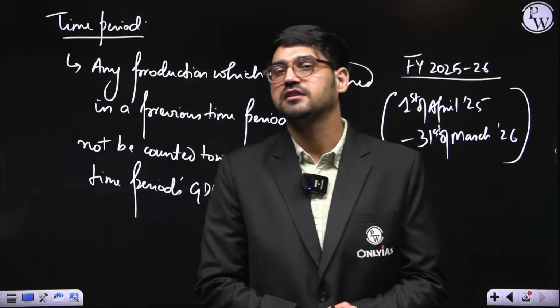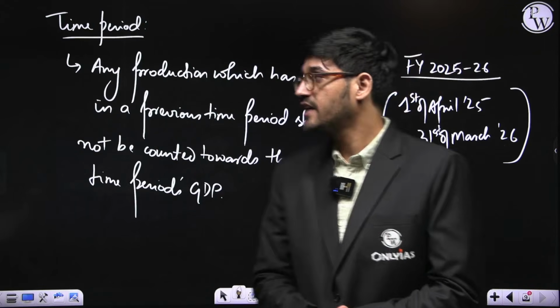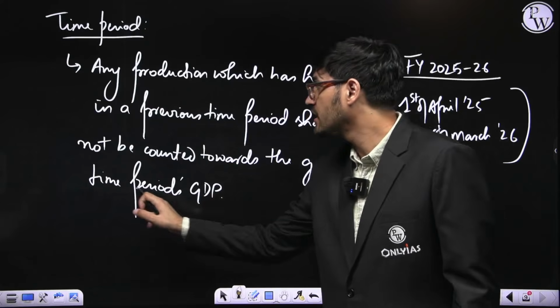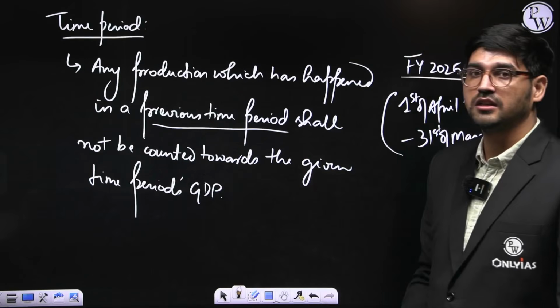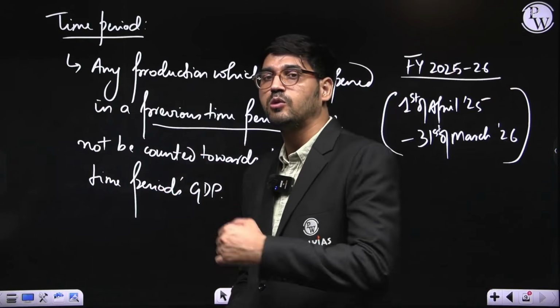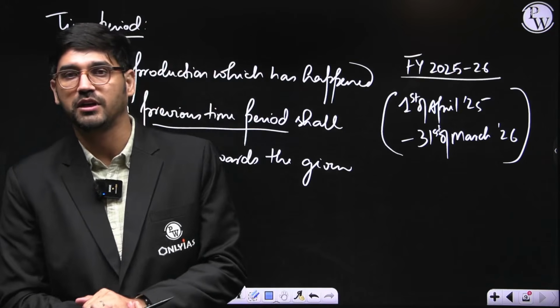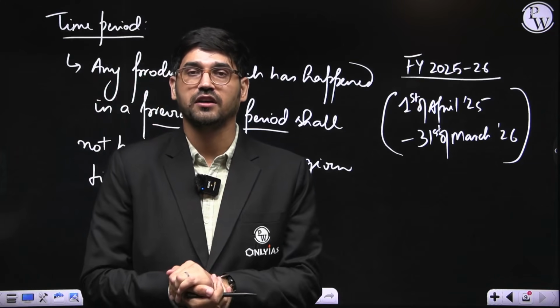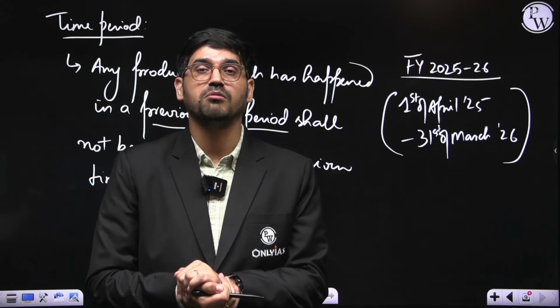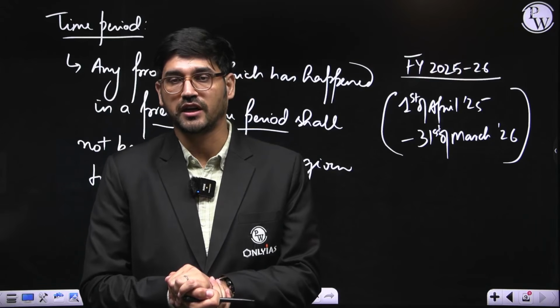Why? The reason is very simple, because any production which has happened in a previous time period would have already been counted towards that time period's GDP. One more important thing here is GDP is not the market value of goods and services sold during a time period.